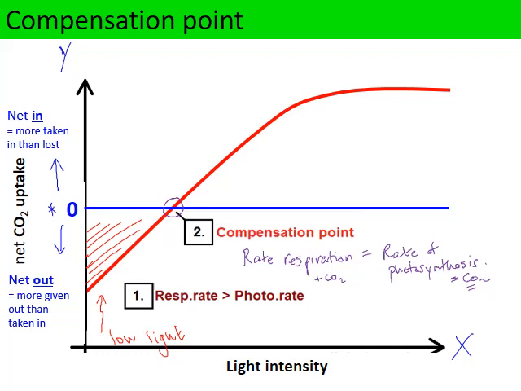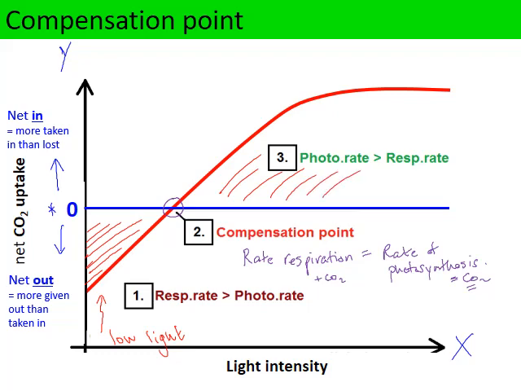Now we know at high light intensity the rate of photosynthesis is going to be greater than the rate of respiration. So the rate of carbon dioxide uptake and fixation in photosynthesis becomes greater than the amount of carbon dioxide being released through respiration. So this shaded area under this part of the graph might represent growth of the plant, because there's more glucose being produced from photosynthesis.